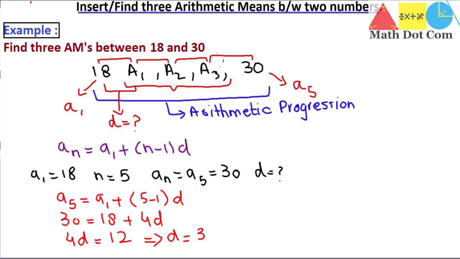So let's find it. The first term was 18. Now we have to add 3 to get the next term, as the common difference comes out to be 3.